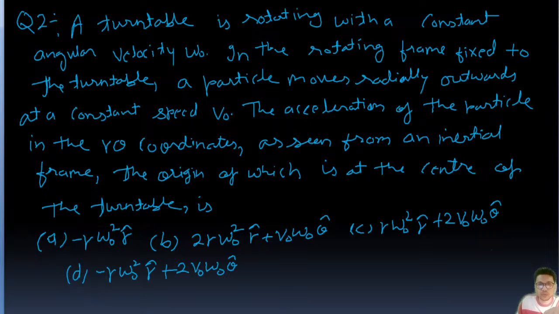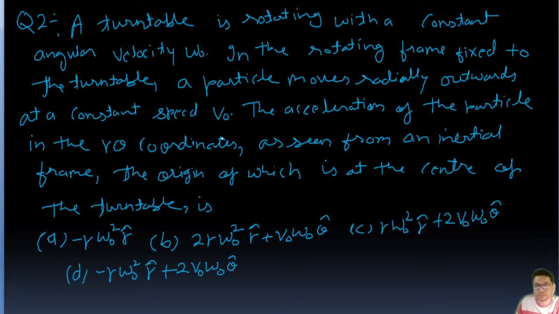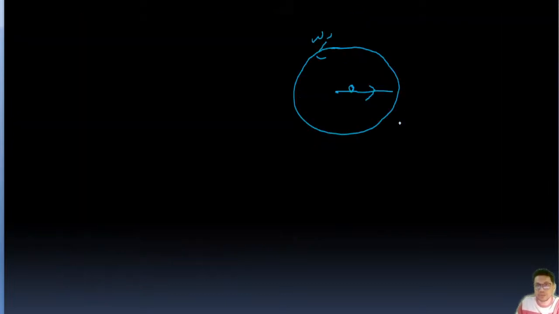So this is the turntable, moving with angular velocity omega naught, and there is a particle which is moving radially outward at a constant speed, with the speed of v naught.